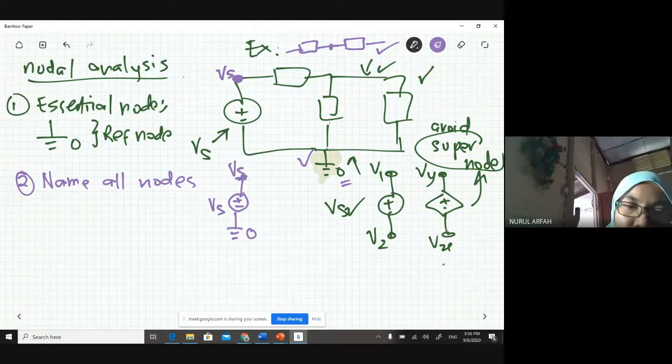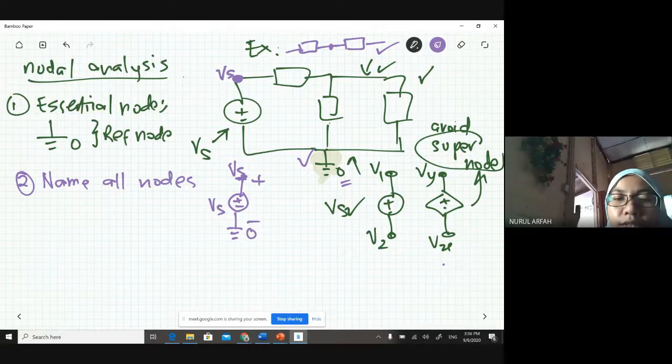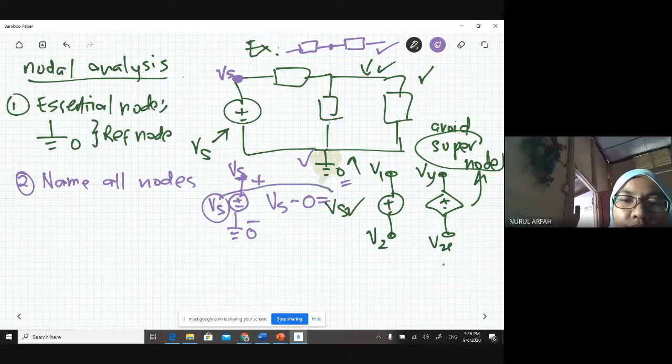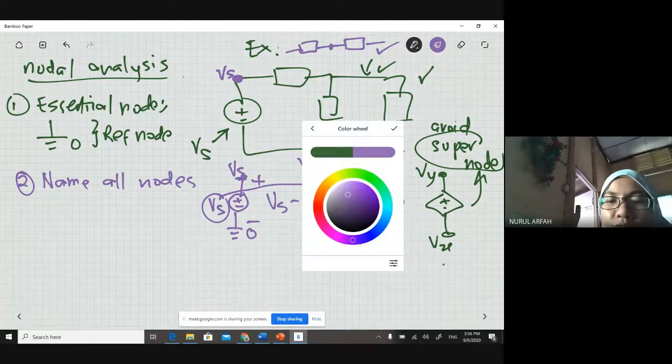How? The higher in polarity minus the lower in polarity should equal the value of the source. So the higher in polarity is Vs minus the lower in polarity, which is 0, equal to the value. So in our case here, this is Vs.